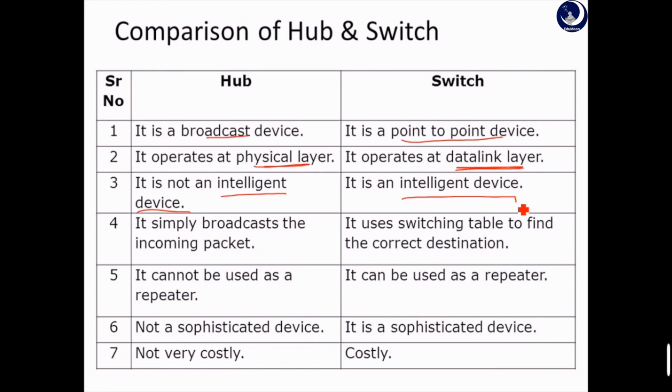Because if a hub receives any data, it will transfer it to all the other computers, whereas a switch will transfer it only to the one computer that should receive the data. So the switch is termed an intelligent device, whereas the hub is not, because it broadcasts the same message to everyone present in the network. Also, a hub is not very costly, whereas a switch is expensive.